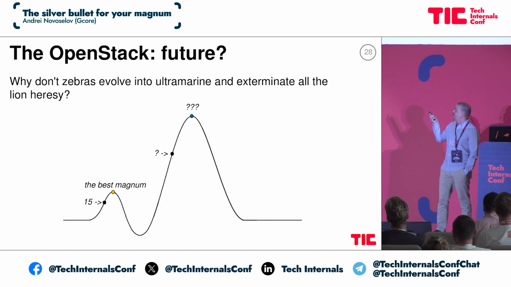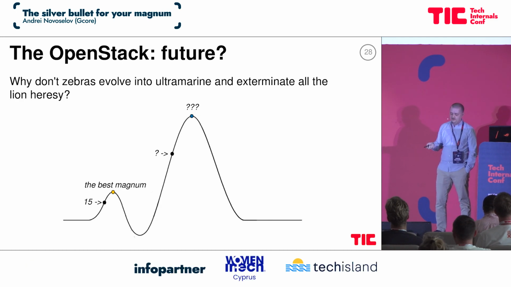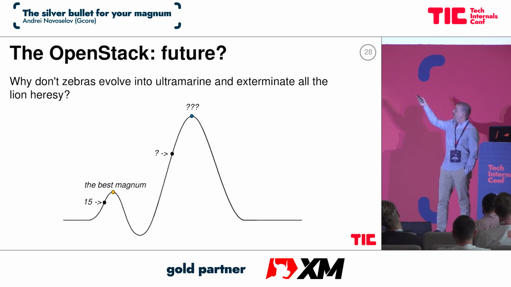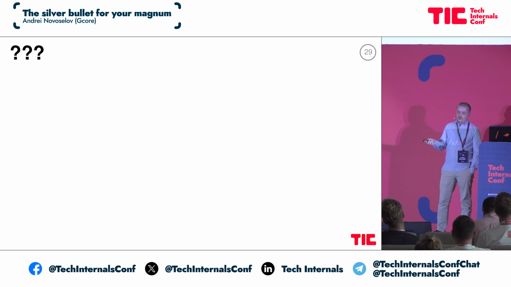This is probably the best Magnum ever which would be created, and this is Magnum number 15. And maybe there is some technology whose current imperfect form is much better than the best Magnum that we can ever have. So what if?